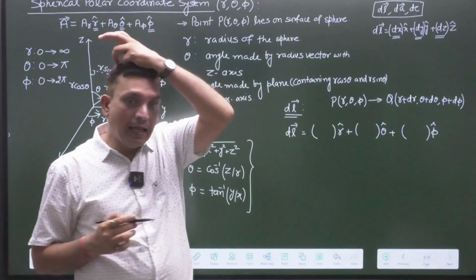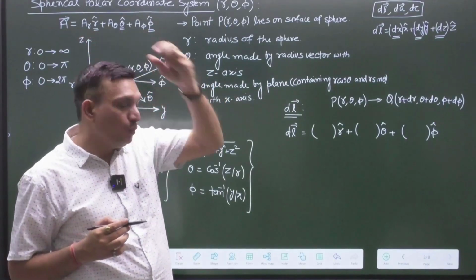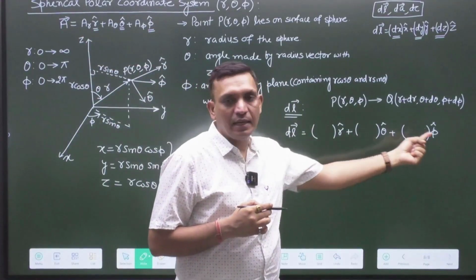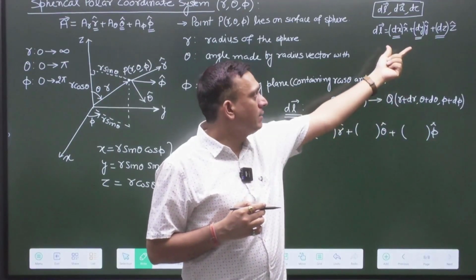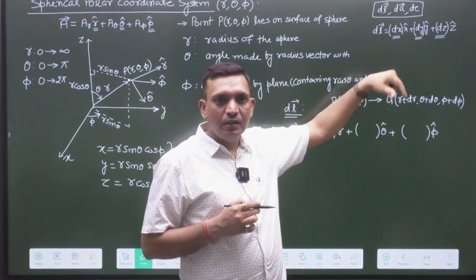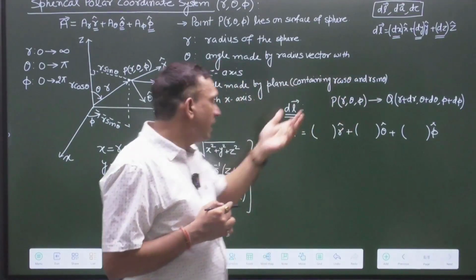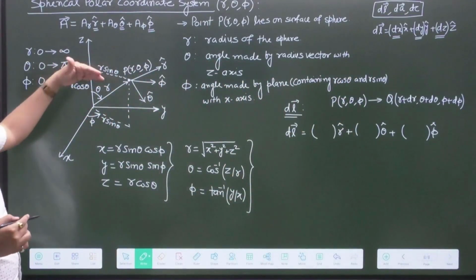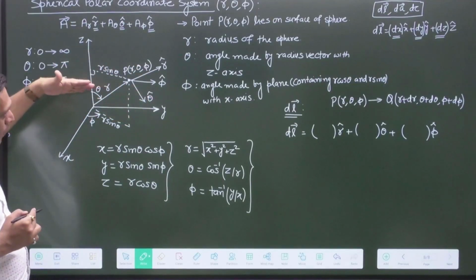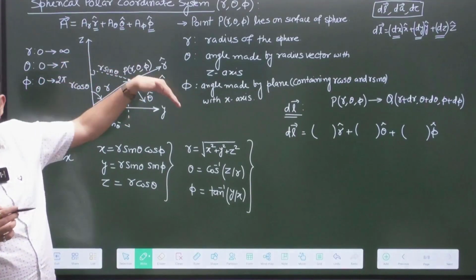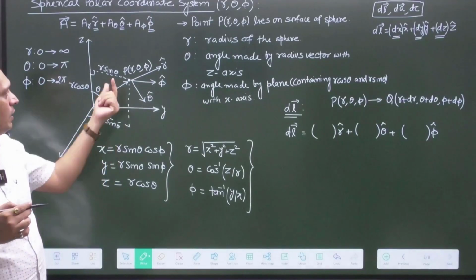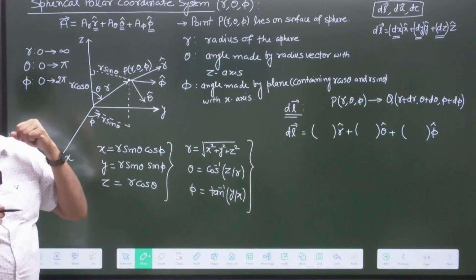Now you have to visualize the elemental cube whose axis is along r cap, theta cap, phi cap. In Cartesian, axis is along x cap, y cap, z cap, so you can easily visualize that change is dx, dy, dz. Again you have to visualize the elemental cube, but now axis is along r cap, theta cap, phi cap, and you have to see what will be the change along each. Clear?